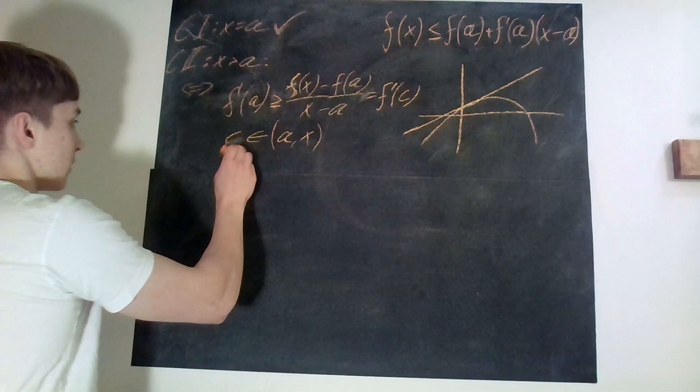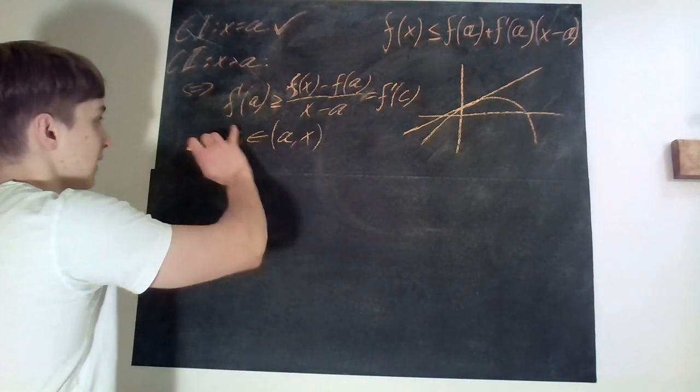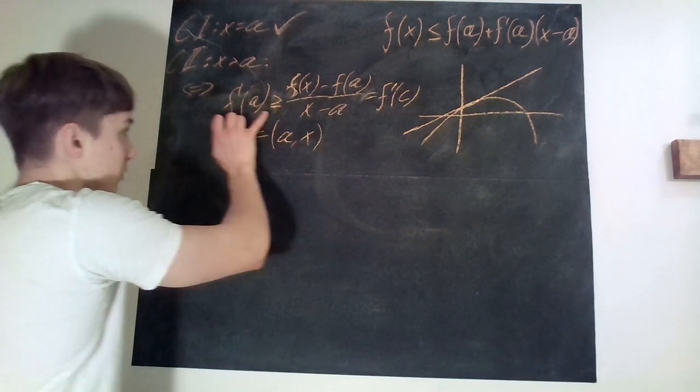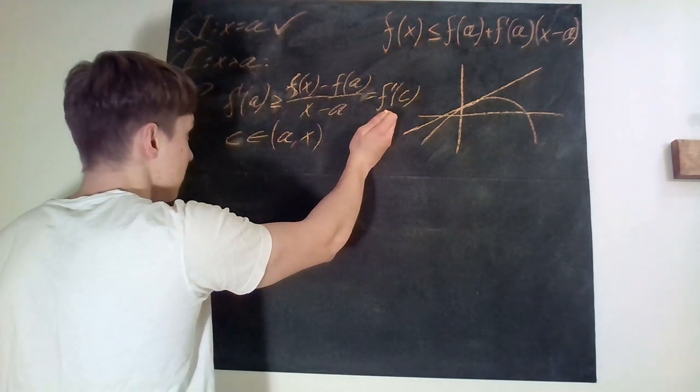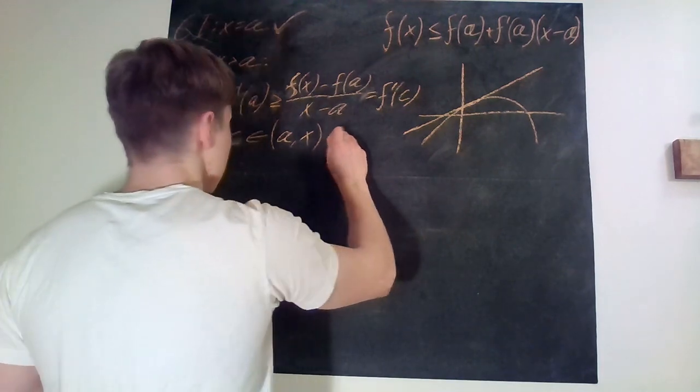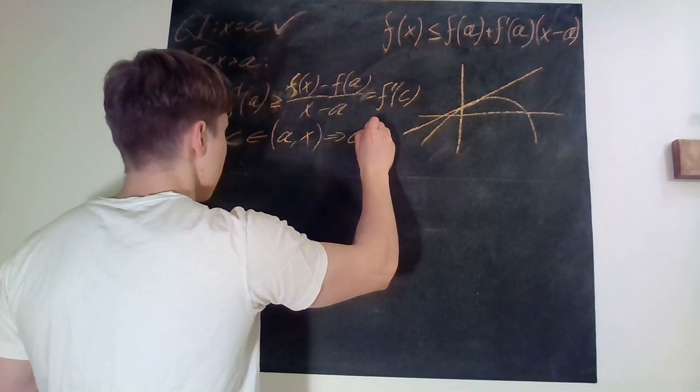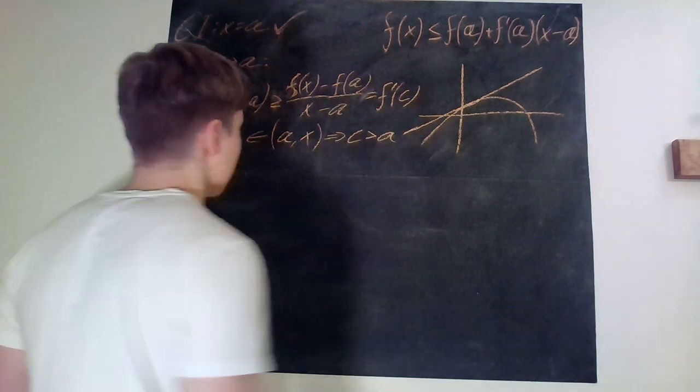And what can we say about this? Okay, so we have f prime of a is greater than or equal to f prime of c, and this of course implies that c is greater than a.